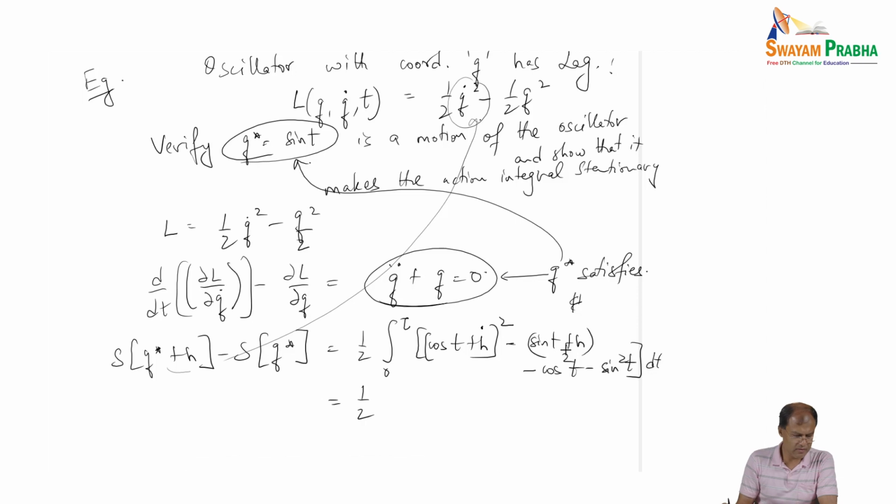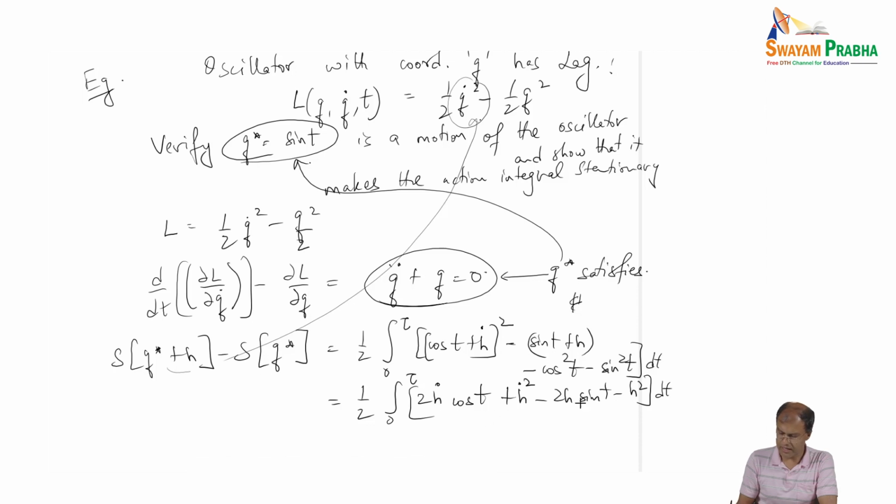If we simplify everything, this integral comes out to be half integral from 0 to tau of 2h dot cos t plus h dot squared minus 2h sin t minus h squared, dt.